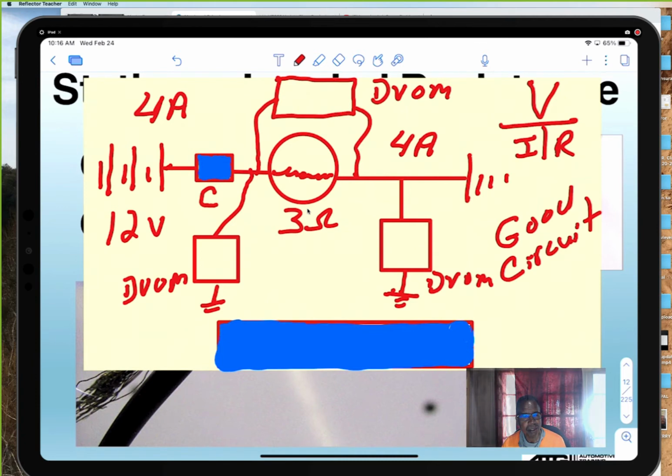To push the current. Its job is to push the current, the amps, through that resistor, which is the bulb here. Exactly right. So if everything is good and I have a good circuit like I have here, according to Ohm's law, that one light, say this is a headlight or brake light, I'm expecting to drop what?